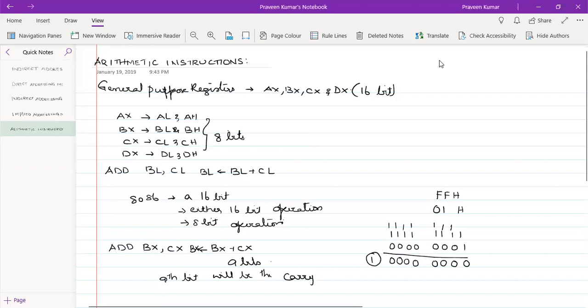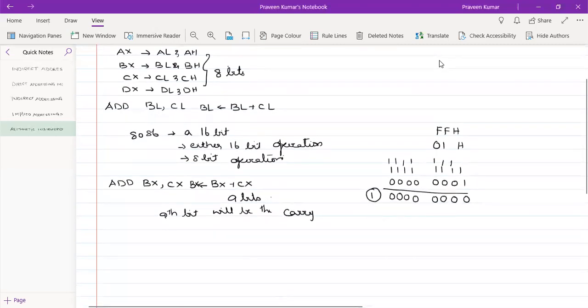Now, if I go with the worst case, if I add two 8-bit numbers, FFH plus FFH, then what will be happening? 1, 1, 1, 1, 1, 1, 1, 1. If I add these two numbers, it will be 0, carry, carry, carry, and so on. I am placing this carry for convenience.